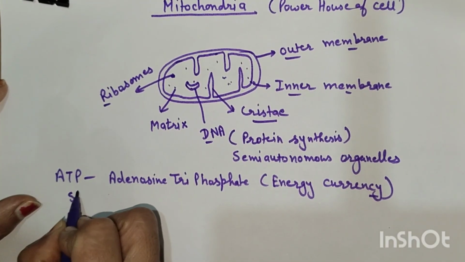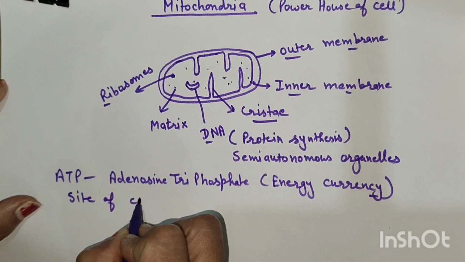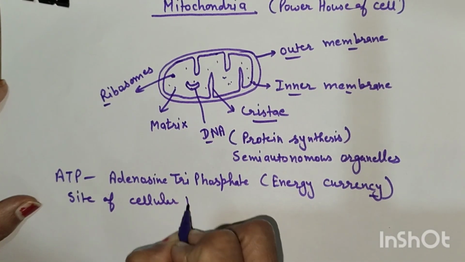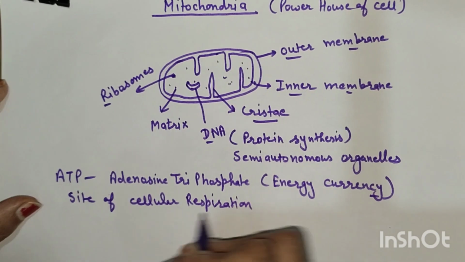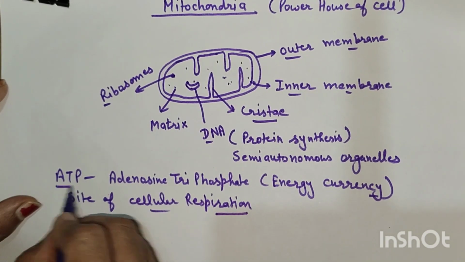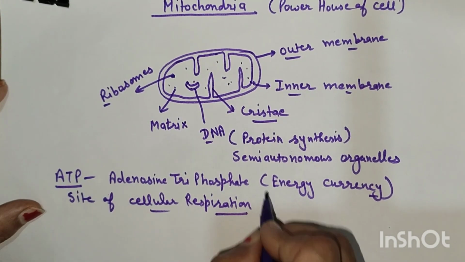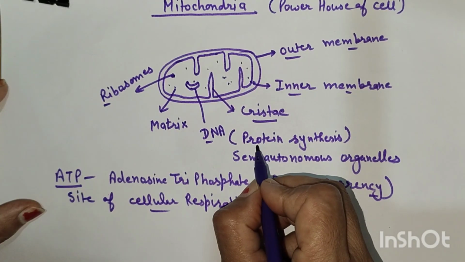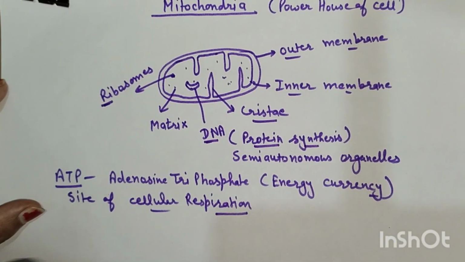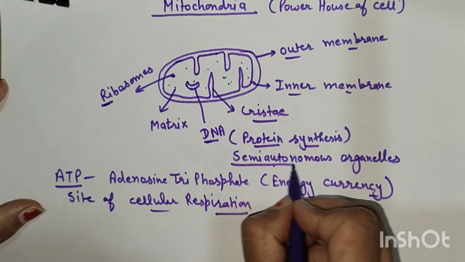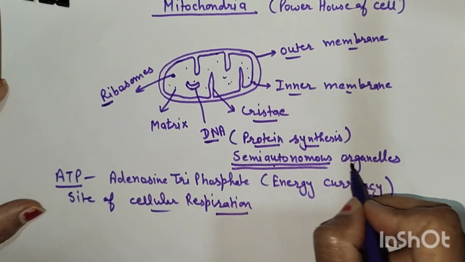Mitochondria is the site of cellular respiration, and during cellular respiration it produces the energy ATP. It can produce its own protein because it has its own DNA and ribosomes. That's why it is called a semi-autonomous organelle.